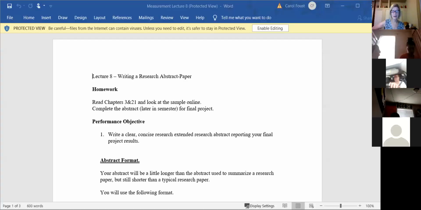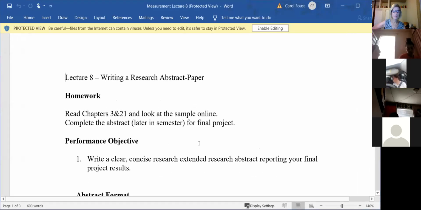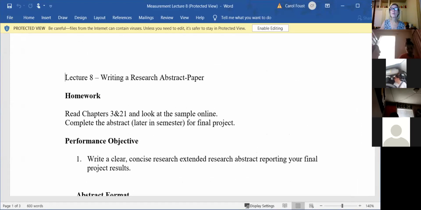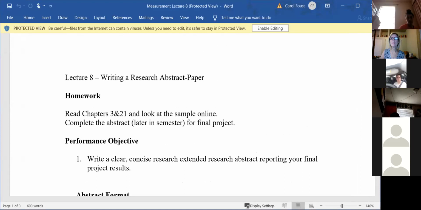So lecture 8 is on writing the research paper. Most of you have probably written a research lab report. I know a lot of you were in personal health, so you did lab reports.